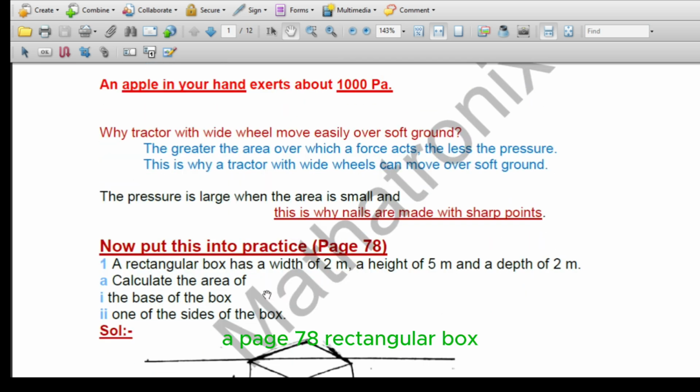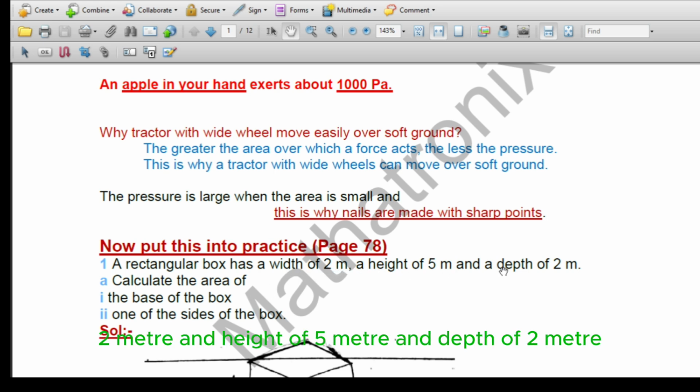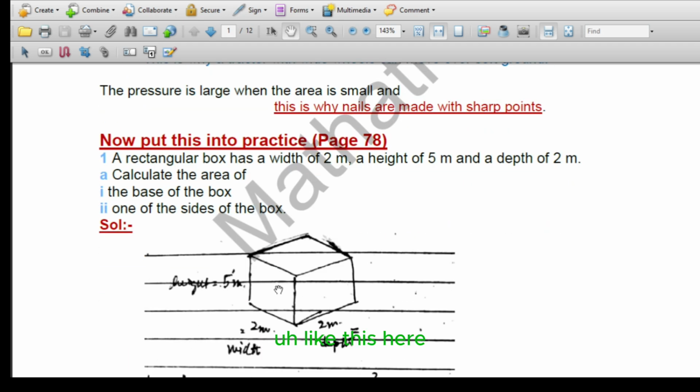Page 78. A rectangular box has a width of 2 meters, a height of 5 meters and a depth of 2 meters, like this. The area at the top and the base is the same, and we multiply the width with the depth, so the base area is 4 meter square.